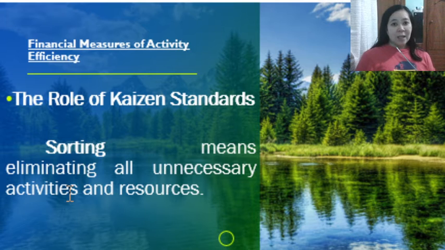For the first S, sorting, this means we eliminate all unnecessary activities and resources. Sorting will help us to determine if that activity or that part of the organization is necessary or not. You have to identify where they belong.